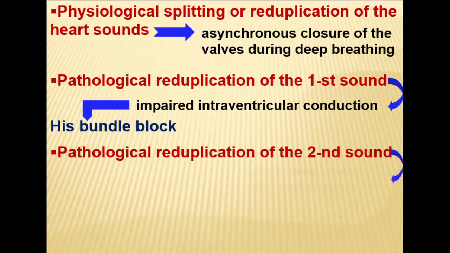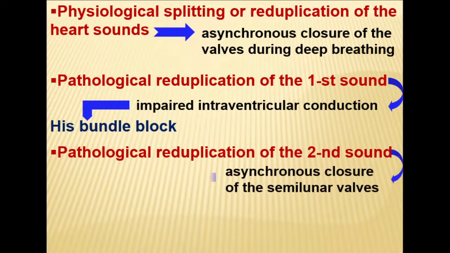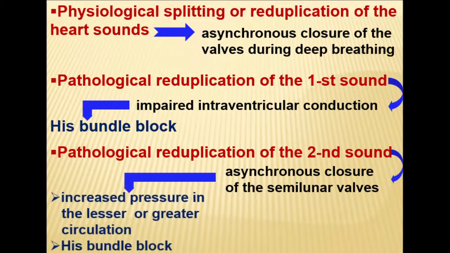Pathological reduplication of the second sound due to asynchronous closure of the semilunar valves appears due to increased pressure in the lesser or greater circulation, or also due to intraventricular or His bundle block.